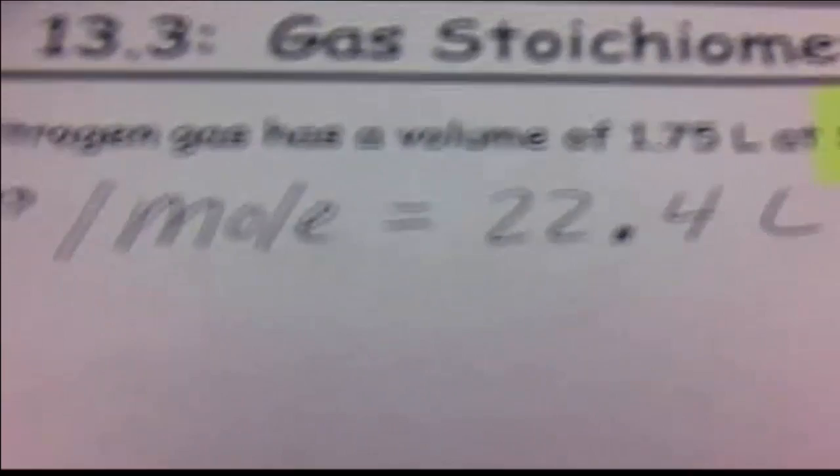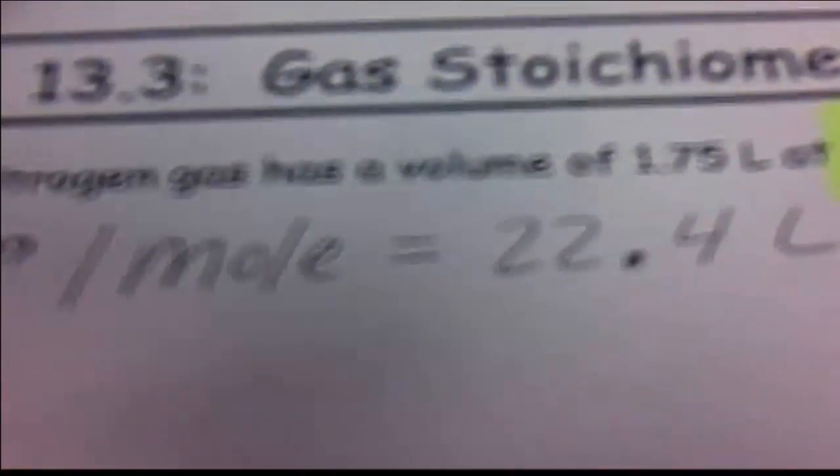This problem specifically gives us 1.75. So I'm going to write that over here, 1.75 liters of N2, and it wants us to find moles. So this is a straight one-step conversion problem, because you're going to put your liters of N2 on bottom, what we're trying to get rid of, liters, liters, and then you're going to put your moles on top.